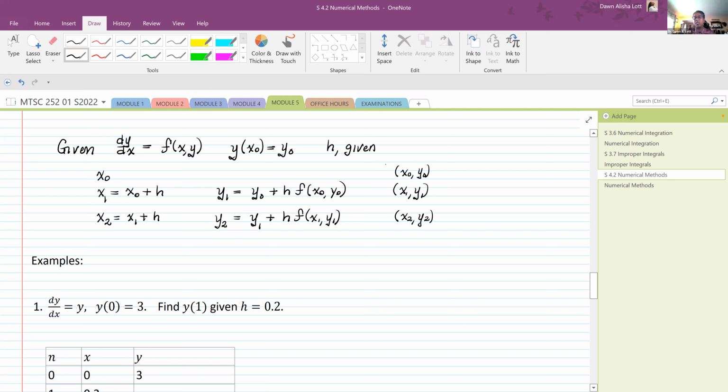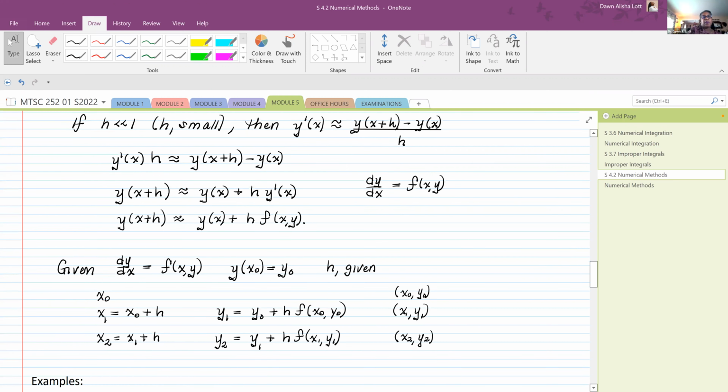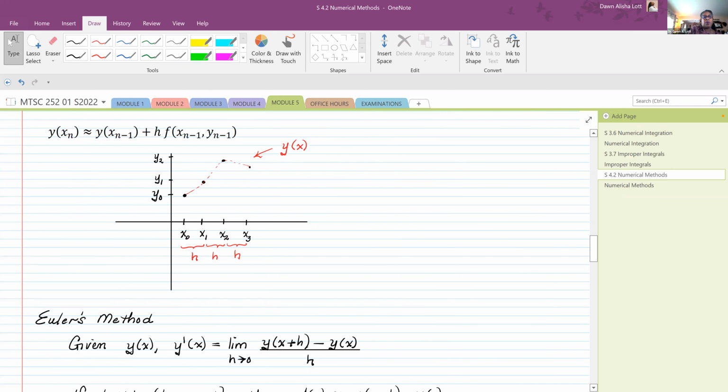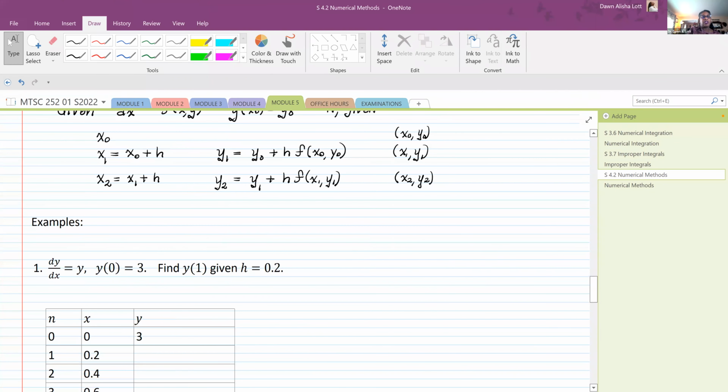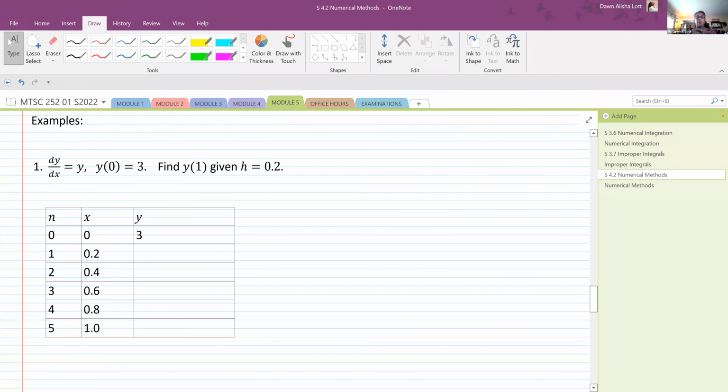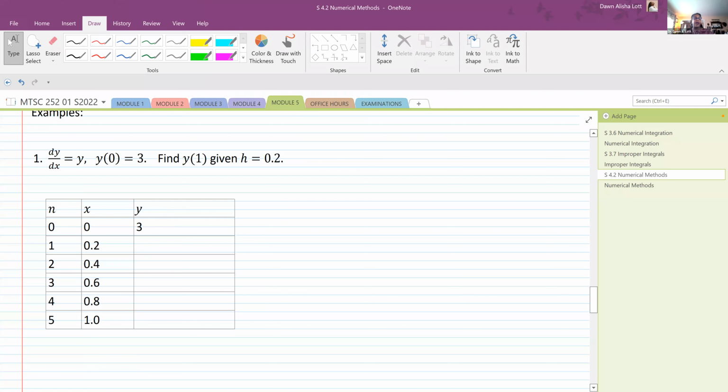And as I keep going, I can find or graph the different values of the points, and I will be creating my solution y. Okay, any questions before we get started?